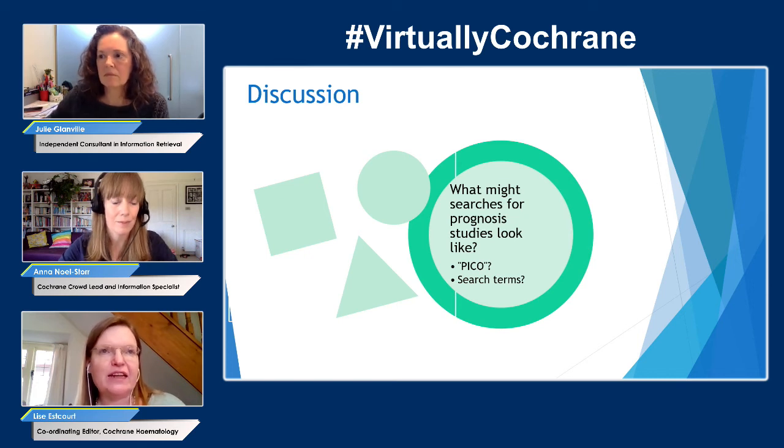I think it's essential that both DTA and prognostic reviews are complex reviews. They should be done by people who already have quite extensive knowledge of systematic reviews, and then do further work on these newer types of reviews, working with the methods groups.